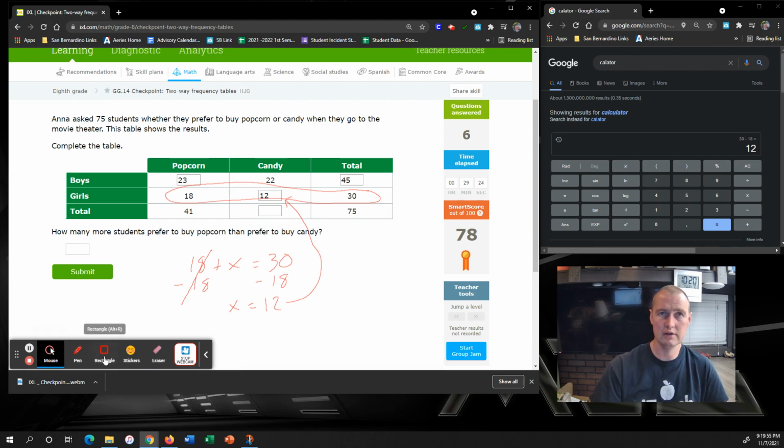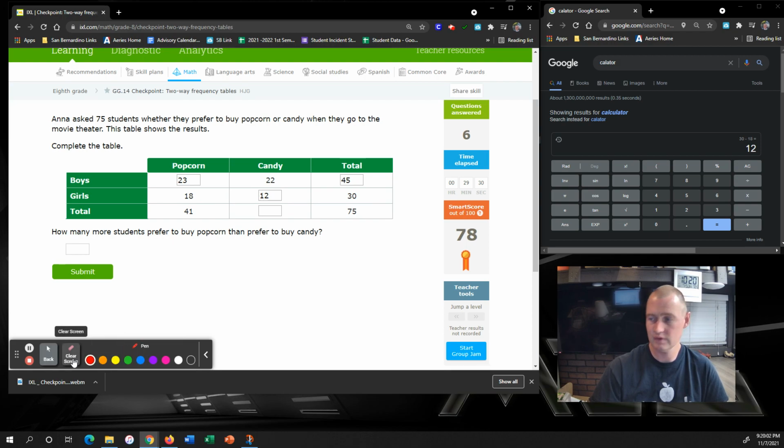All right, clear the screen one last time because we are so close to being done. We need to find out the total of candy. So total of candy, we have 41 plus, I don't know, equals 75. Subtract 41 from both sides.